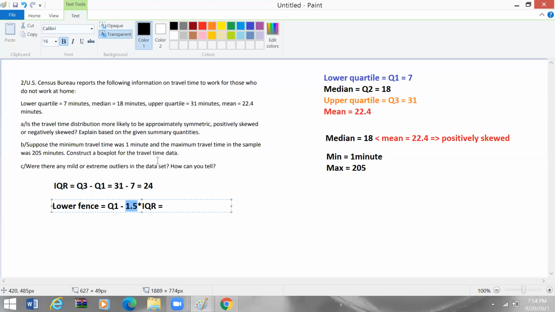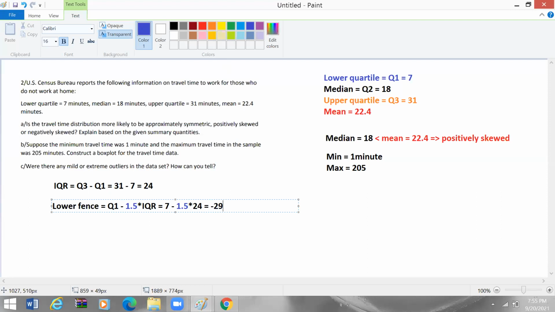And so the Q1 that we have is 7 minus 1.5 times 24, right? So the answer for that is negative 29. Are we good? There's nobody who actually spent negative 29 minutes traveling to work.